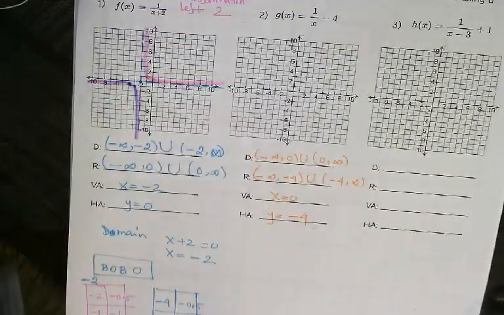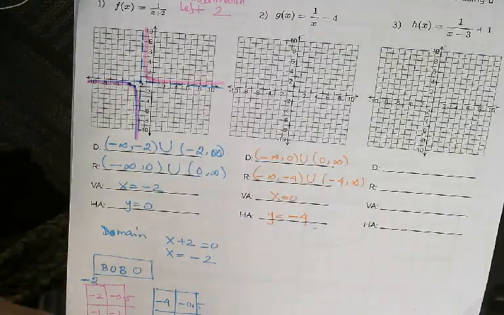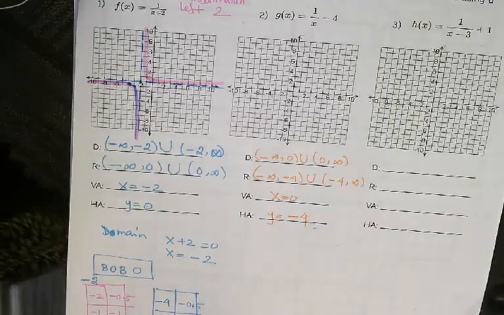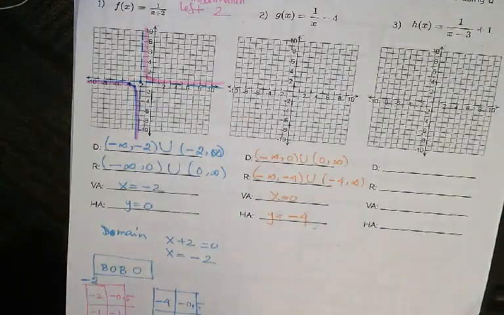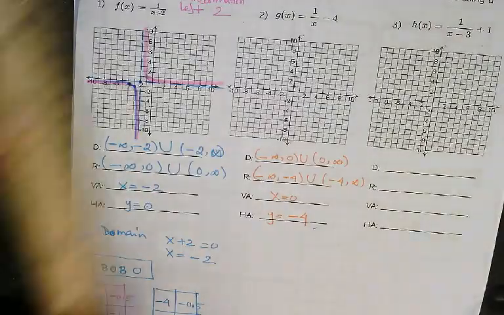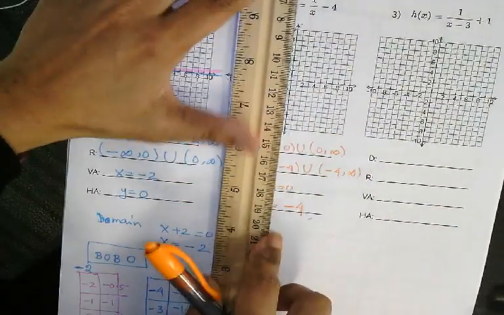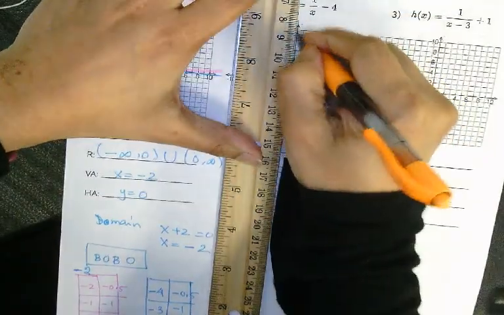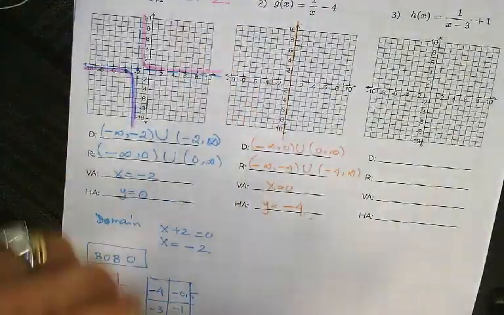Let's draw the asymptotes first. When I draw the graph, if there is an asymptote, the best policy is to draw the asymptotes first. It's going to make your life much easier. So it's x equal to 0. That's my vertical asymptote. Let's draw that one. Don't forget it's a dotted line.